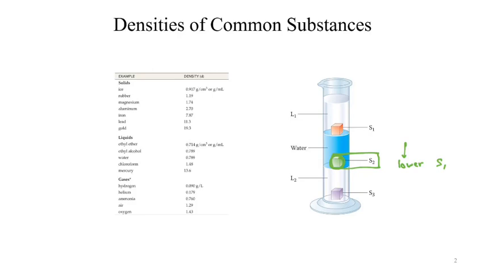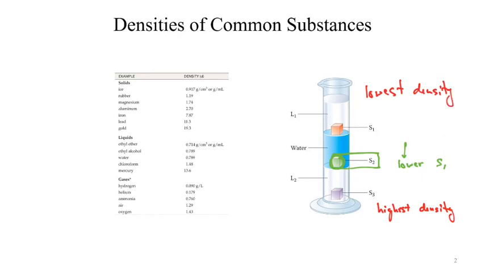Because it is more dense, it'll fall lower in our sequence. So our highest density substances are at the bottom, and our lowest densities are at the top, or they float.